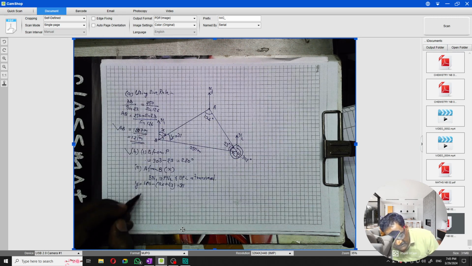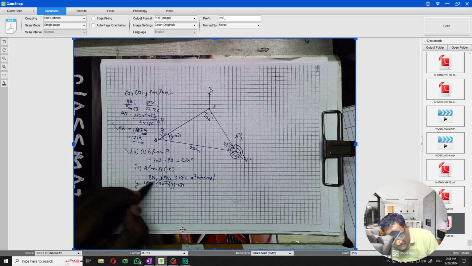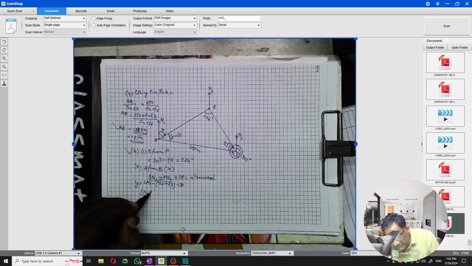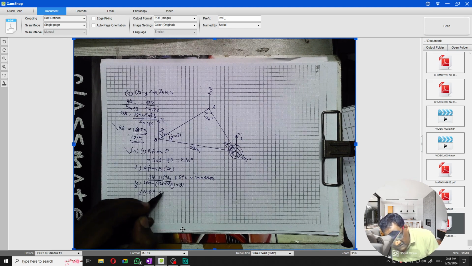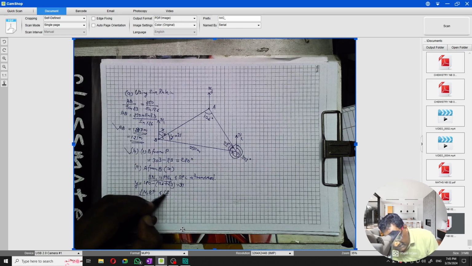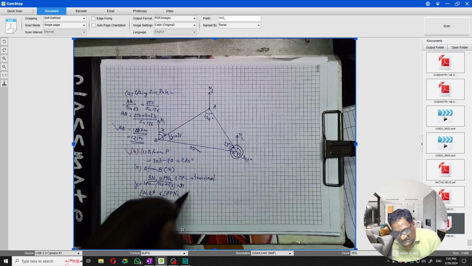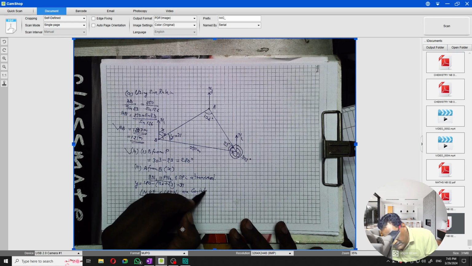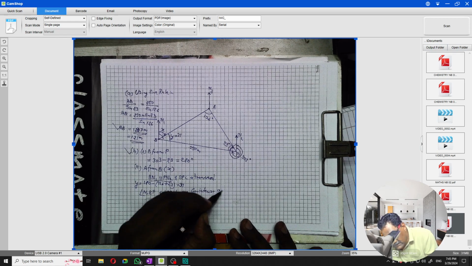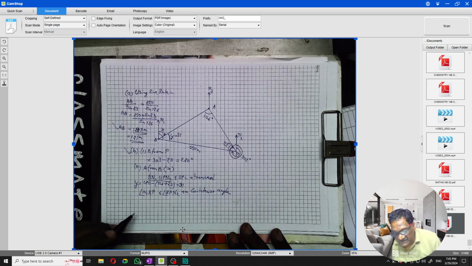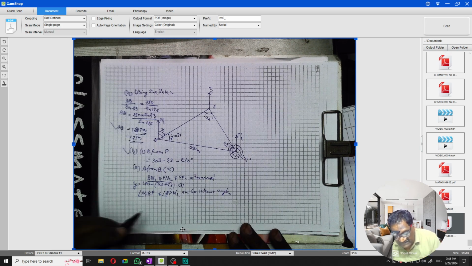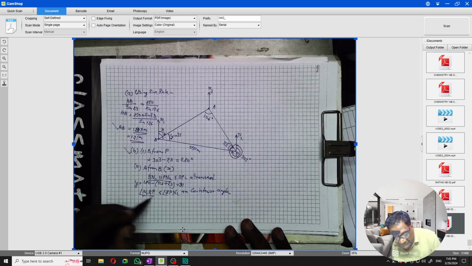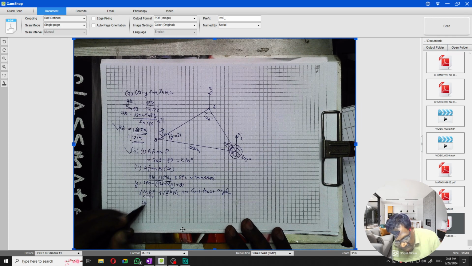Because these two are parallel, angle N1BP and angle BPN2, these two angles are co-interior angles. Now we know that co-interior angles always sum up to 180 degrees. So this N1BP can be written as x plus 31.